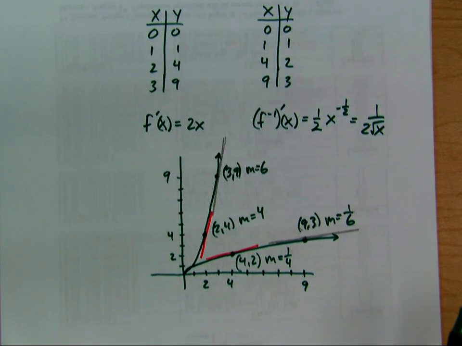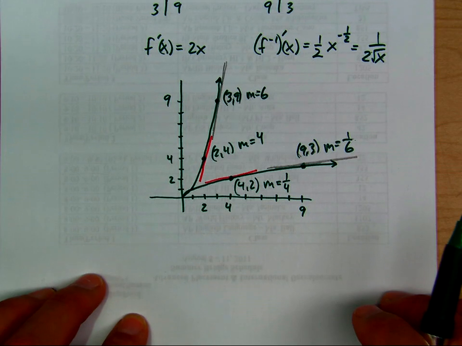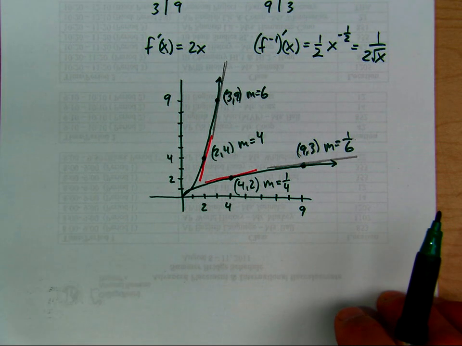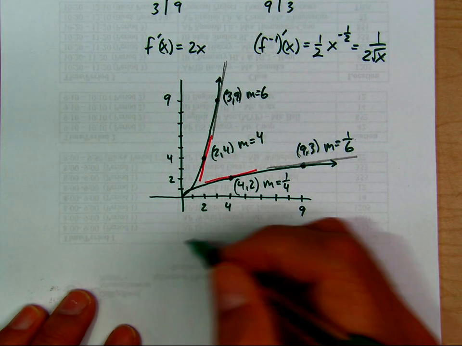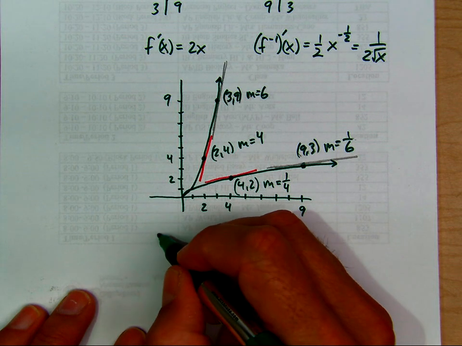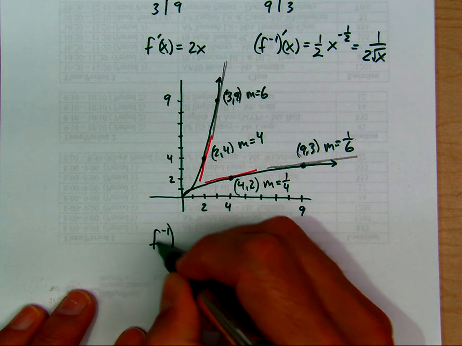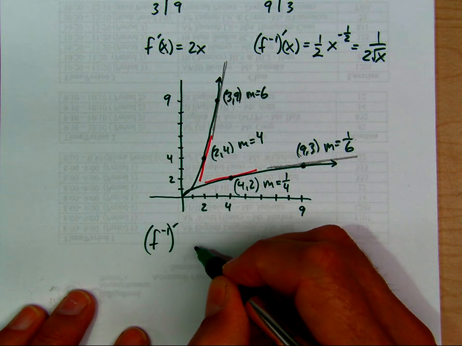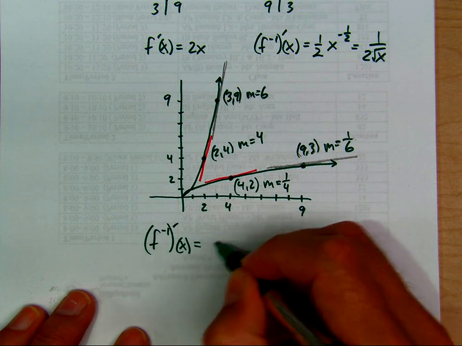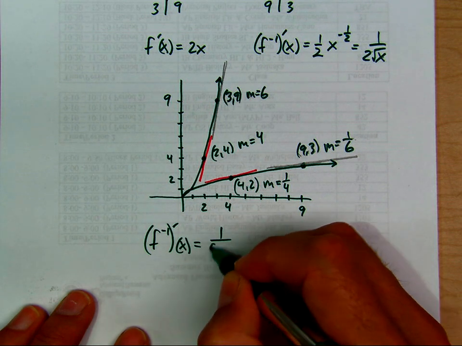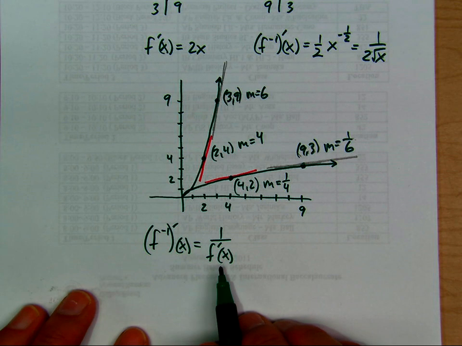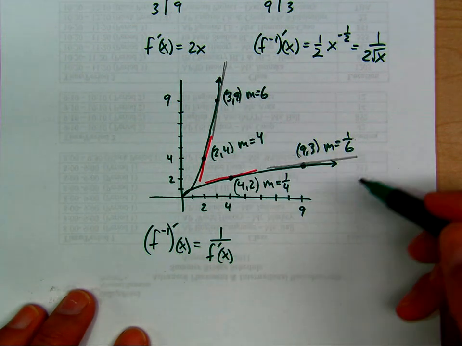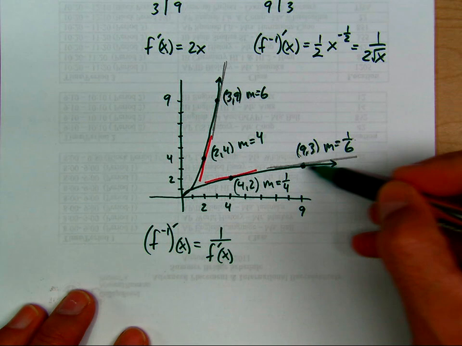But we don't want to jump ahead too much, so let's look at an error. What if I say that the inverse function's derivative is equal to 1 over the derivative of the function? And that looks like it's agreeing with what we see here. Here's the inverse function.